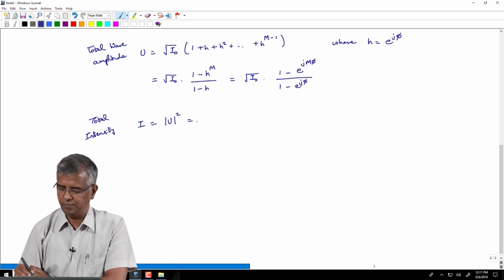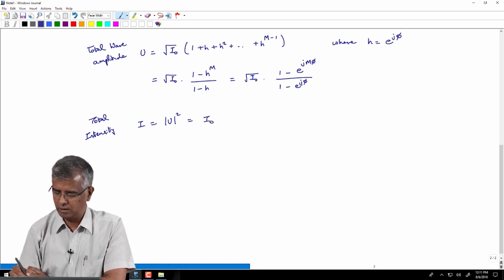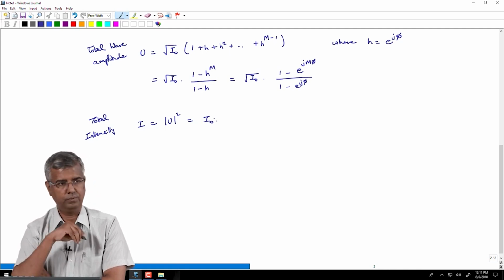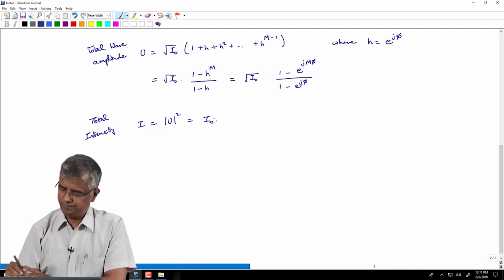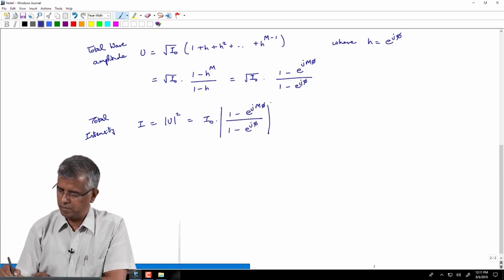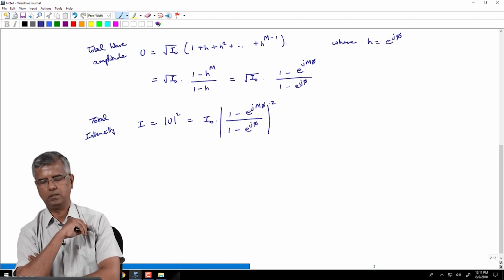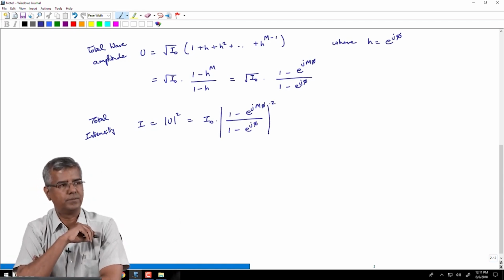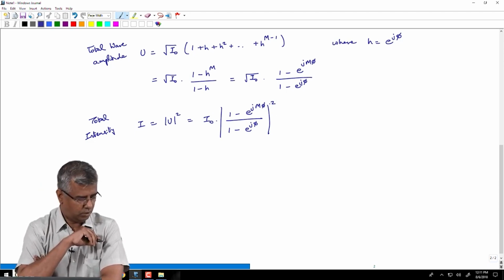If I take the magnitude of u square, what I will be left with is I naught times the magnitude of 1 minus e power j M phi divided by 1 minus e power j phi, the whole square, right.